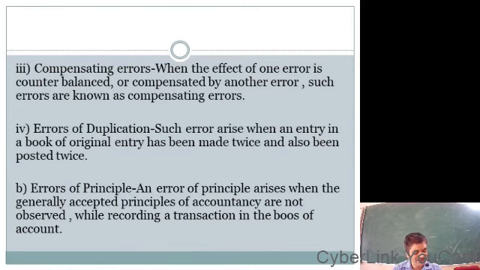Similar examples may be posting wages paid to general expense account. So these errors do not affect the net profits of a business, but a correct picture of the business account is not available. Okay. Now we'll come out with some more information in the next class.